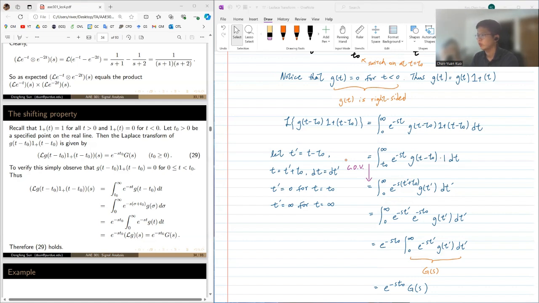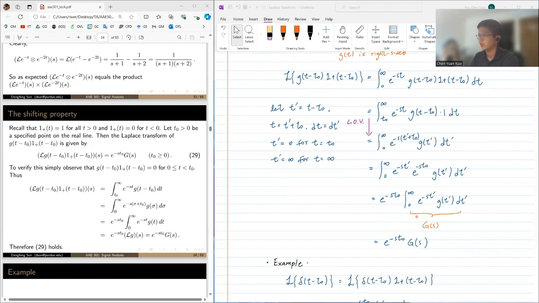And again, we will break this exponential term into the product of two terms, e to the negative st prime and e to the negative st0. And because e to the negative st0 is a constant inside this integration, we can take it out of this integration. And what we will be left with in the end will be the integration of e to the negative st prime times g of t prime from 0 to infinity with respect to t prime.